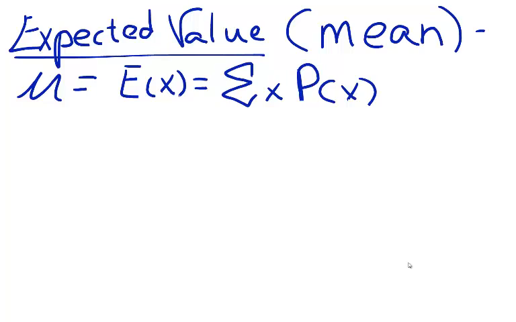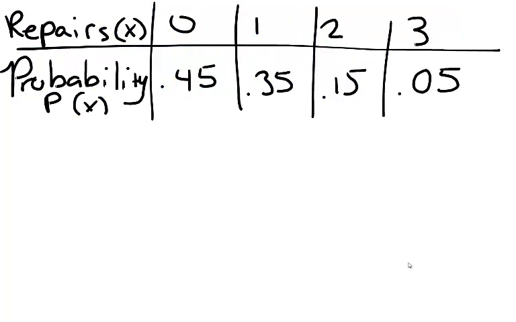Let's look at an example. Let's consider this table. Suppose that during the course of a year, the probability of a particular product needing 0 repairs is 45%, 0.45. The probability of this product needing 1 repair is 0.35, or 35%.